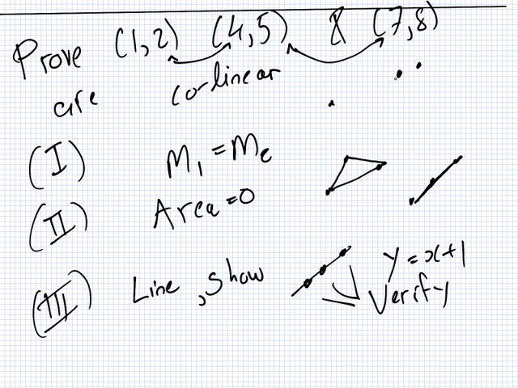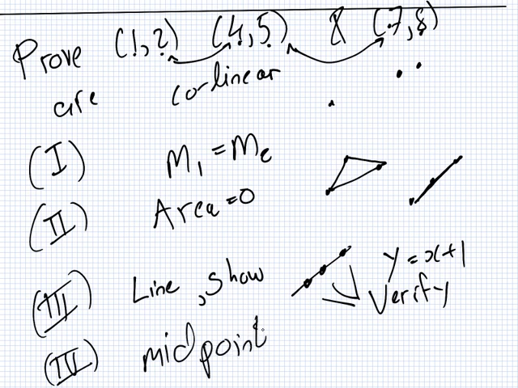So if it was true, it means you've proven it. If it's false, it means you haven't proven it wrong. Is it the midpoint here? Oh, it is the midpoint. Yeah, because 1 plus 7 is 8 over 2 is 4, and 2 plus 8, 10 over 2 is 5. So in this case you could actually do it by using a midpoint.